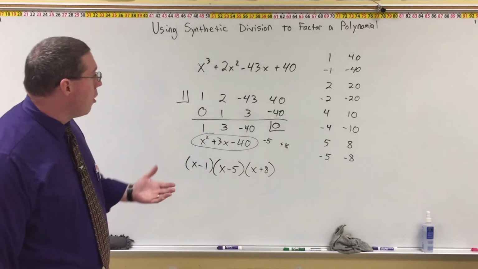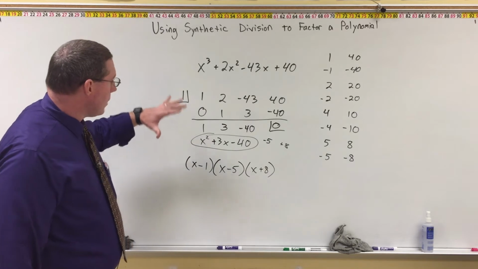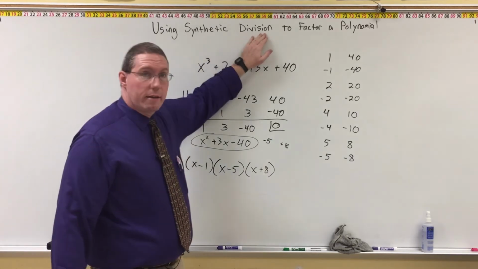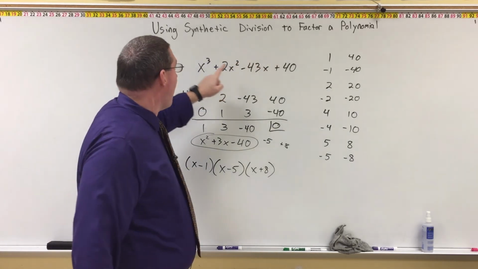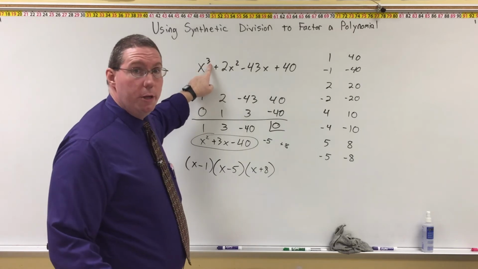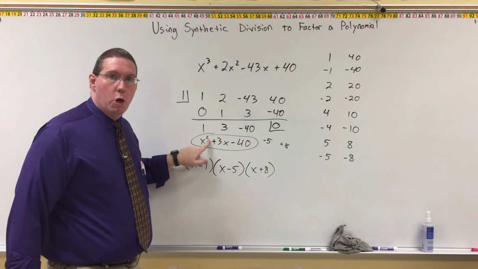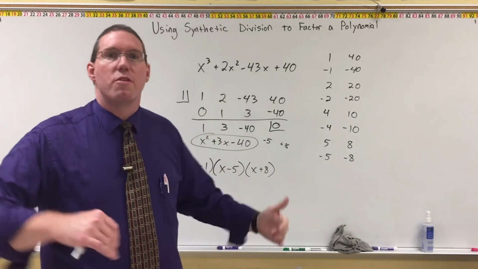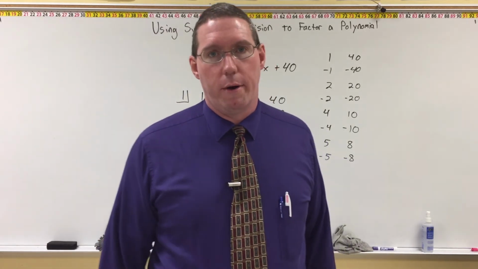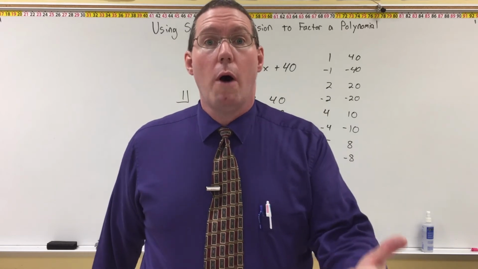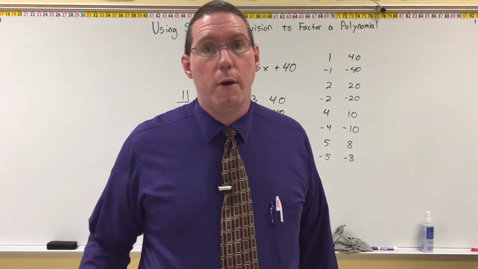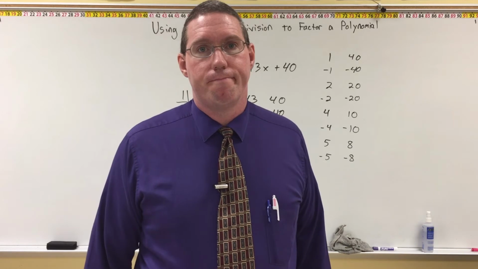And so here's what I'm showing you: I'm really only using synthetic division to break down a third power polynomial into a second power polynomial, which I can then factor using other techniques that I already know. I'm now going to give you one that I want you to work on your own, and then I'll show you the answer.